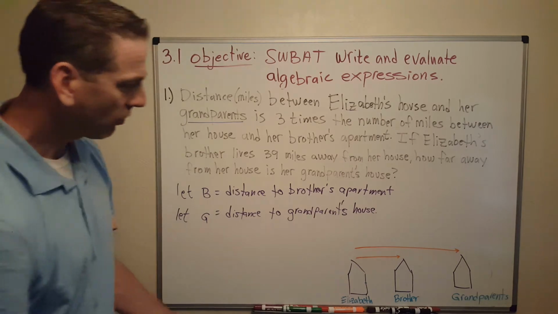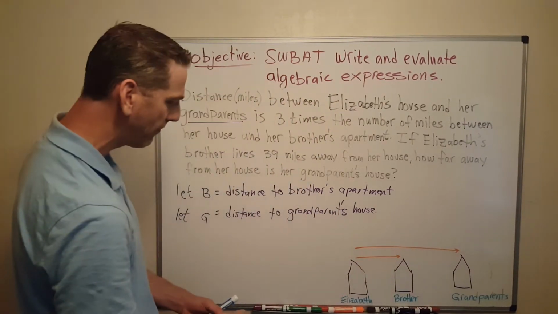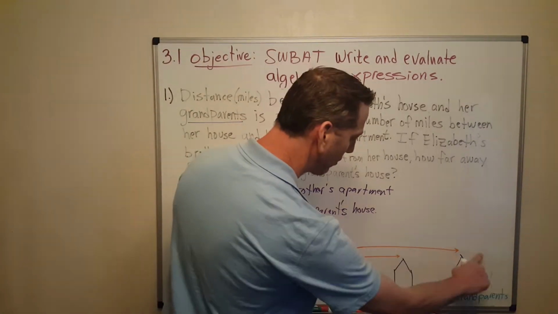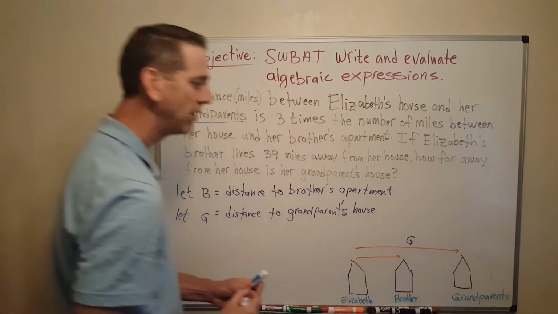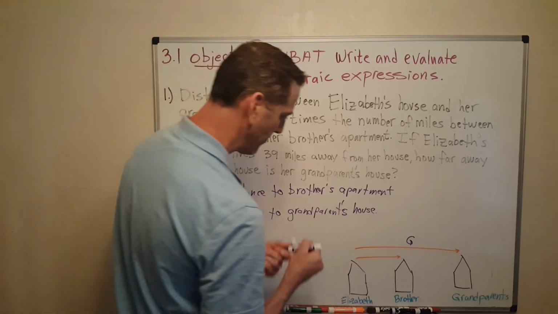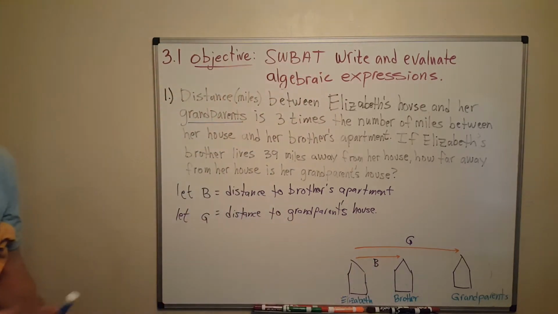So I could label this long orange line as the distance to grandma's house, capital G. And the distance to her brother's house, that was just capital B. So I have 2 variables here.